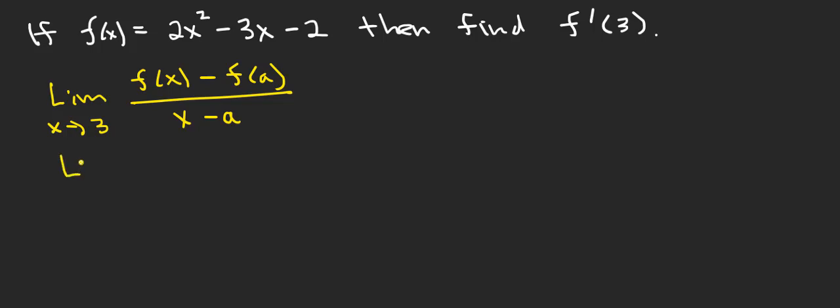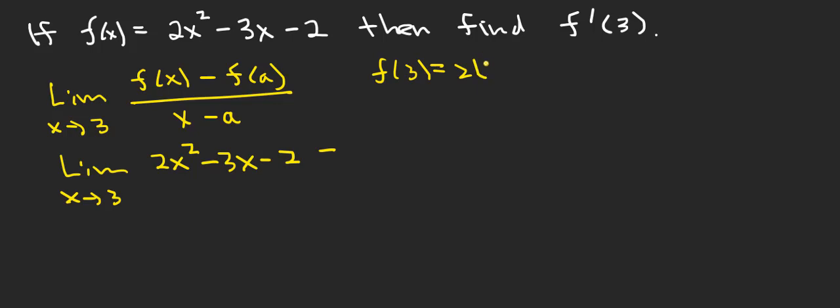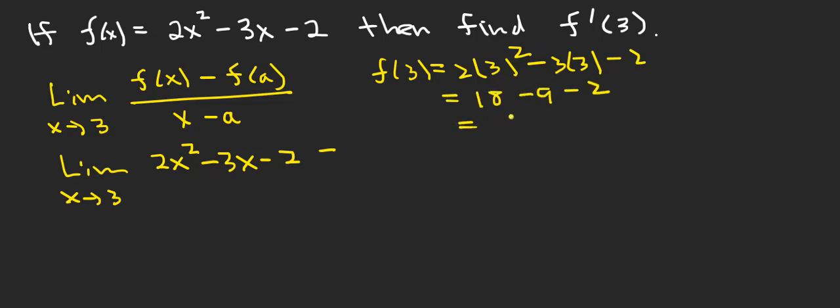So now using substitution, 2x squared minus 3x minus 2, minus f of a, which is f of 3. So that's going to be 18 minus 9 minus 2, which is going to be 7, all over x minus 3.